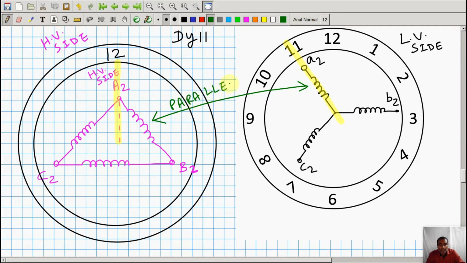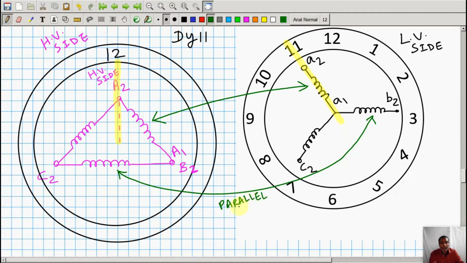If this is your A2, then this one will be your A1, and on the LV side this will be A1. Likewise, these two windings should be parallel.